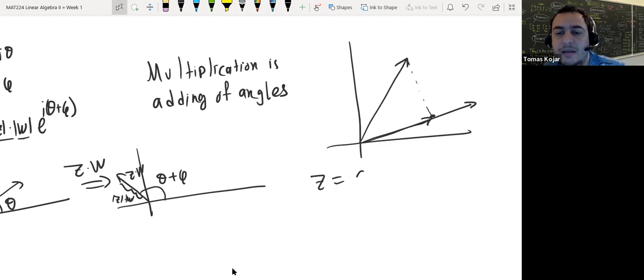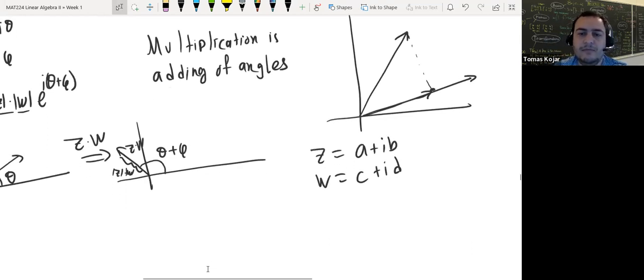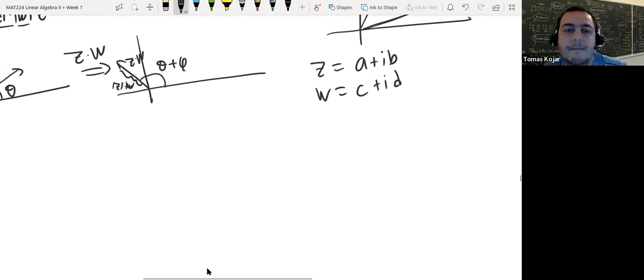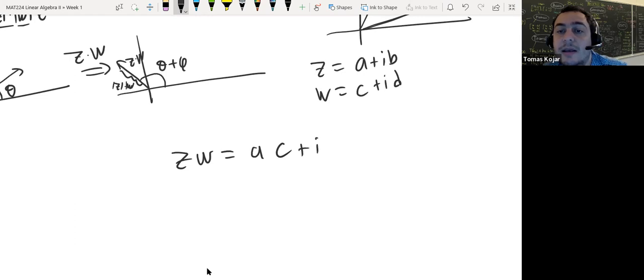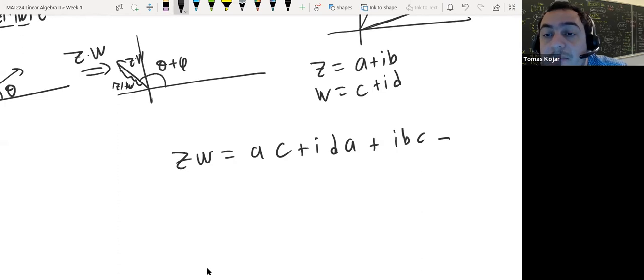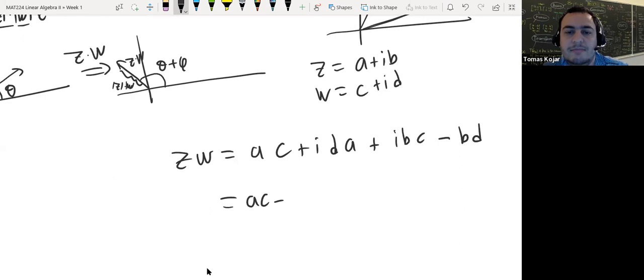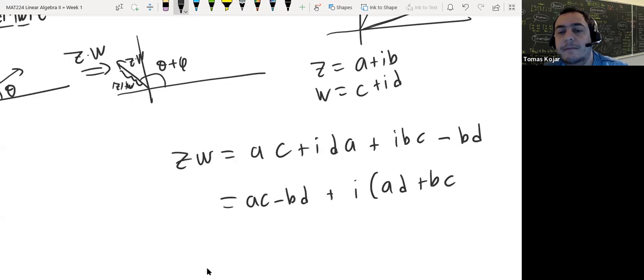So Z is A plus IB, W is C plus ID. If you multiply them out in complex numbers, you get AC, you get IAD, you get IBC, and you get minus BD, right? Namely, you get AC minus BD plus I times (AD plus BC).